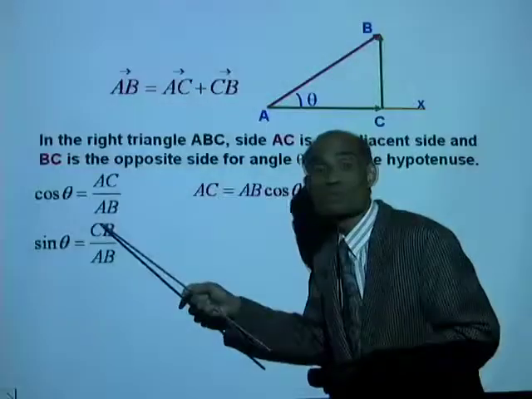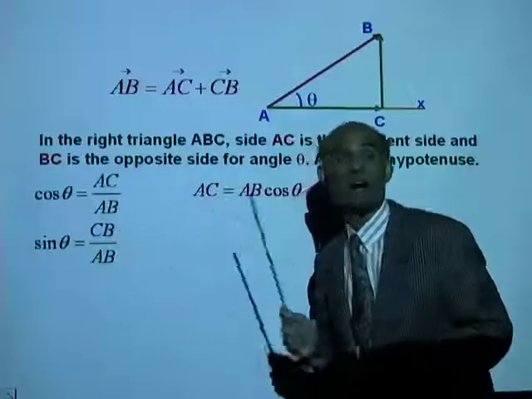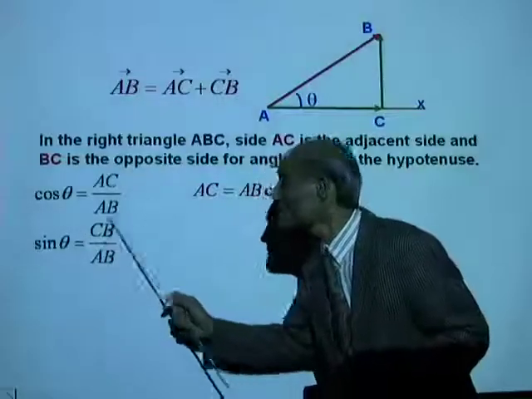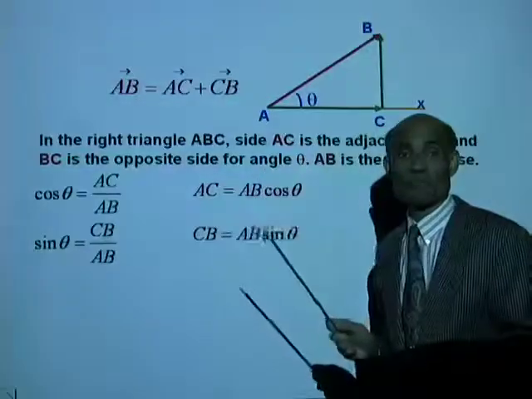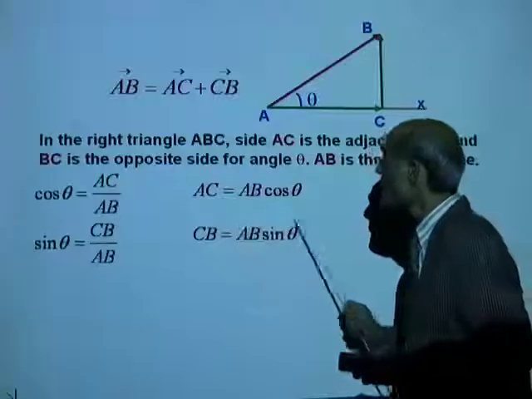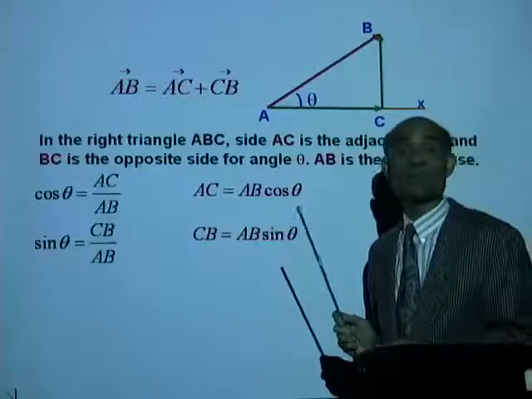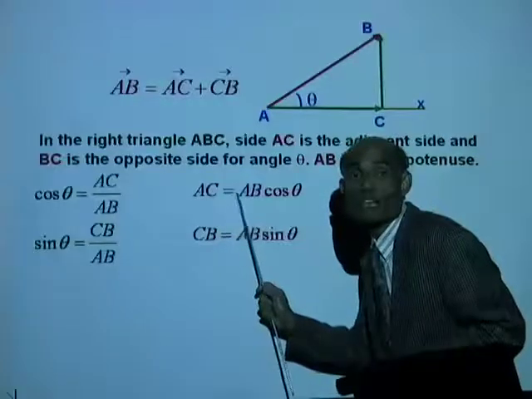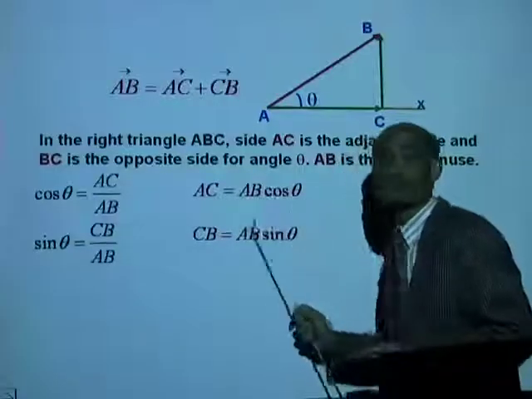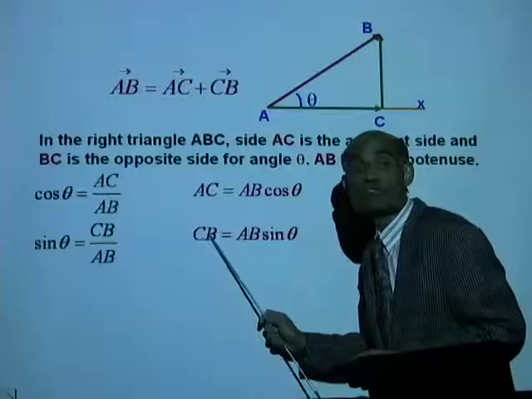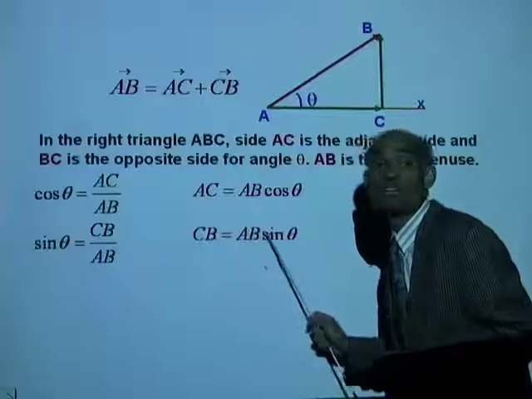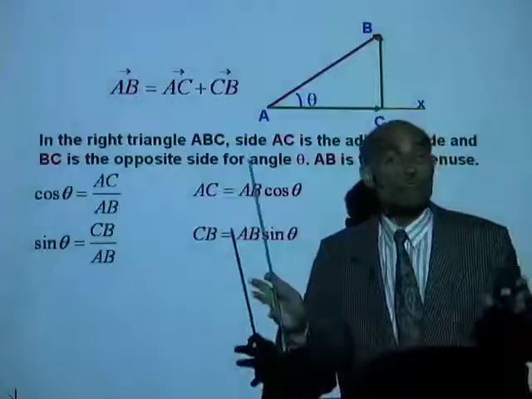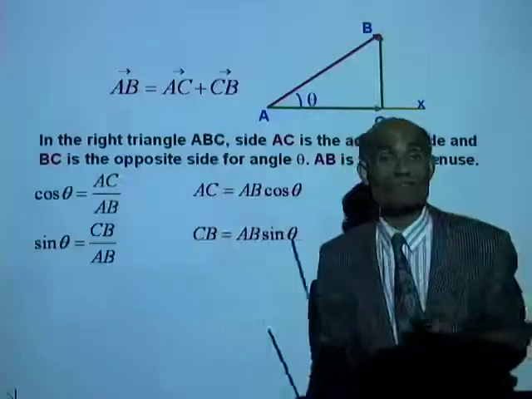Sin theta equal to CB divided by AB. Therefore, what is CB equal to? CB equal to AB sin theta. The magnitude of the x component is AB cos theta, and the magnitude of the y component is AB sin theta. Now, this is true for all vectors.